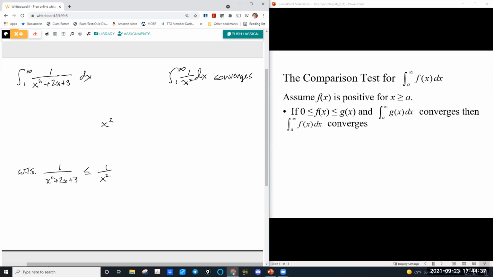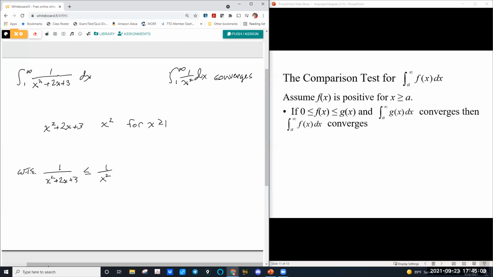x squared. How does x squared compare to x squared plus 2x plus 3 for x greater than or equal to 1? Which side is bigger for x greater than or equal to 1, left or the right? You can put an L or R in the chat if you want.